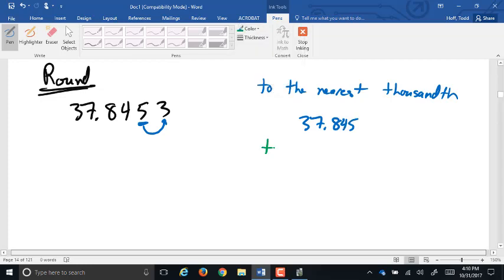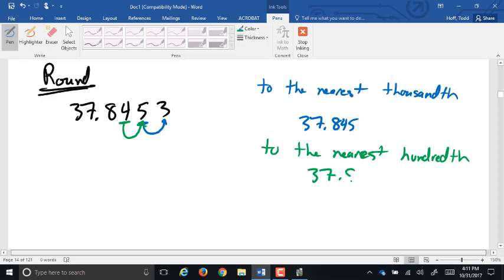What if I asked to the nearest hundredth? What digit is in the hundredths place? The 4. The next digit is 5. Do we round up or stay the same?